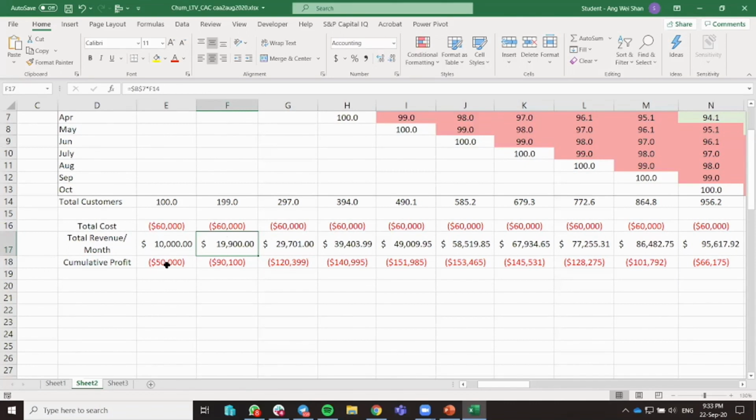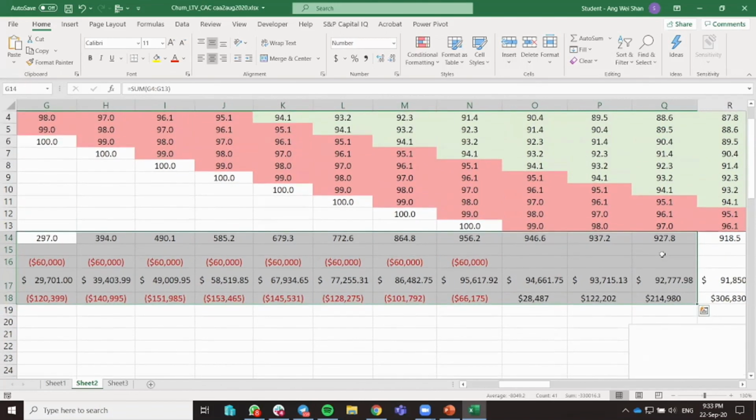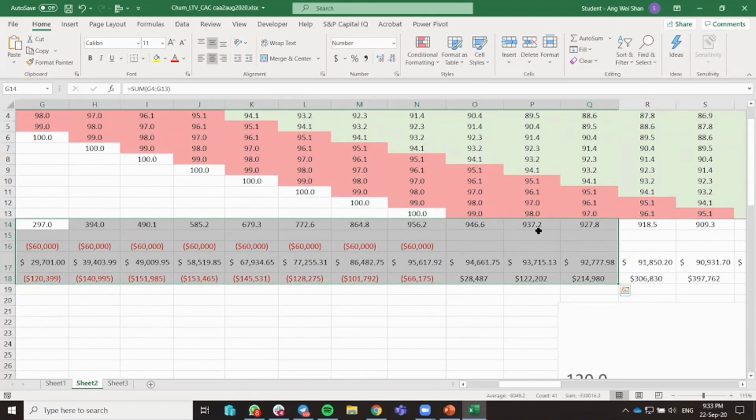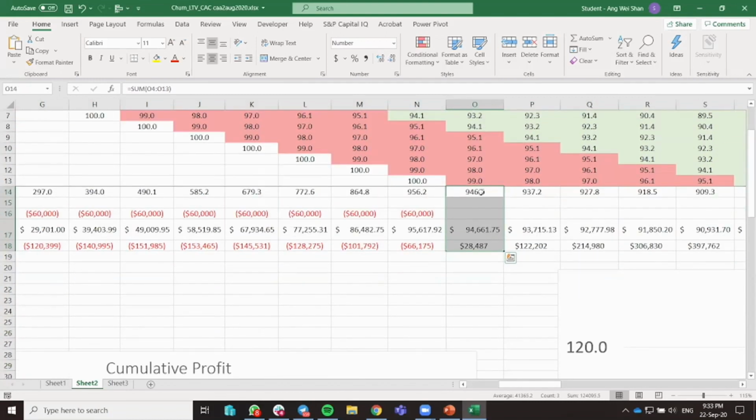So if you take minus 110,000 plus these revenues coming in, my net profit, considering the effects of the cohort of January and February, the first 2 months, will be negative $90,100. So I'll be making a loss of $90,100. This keeps repeating on and on, and eventually a company will hit a break-even point.